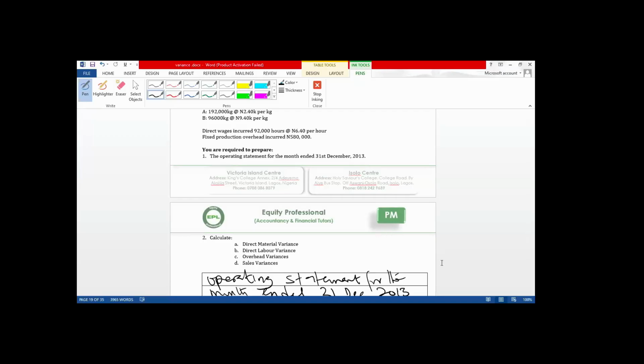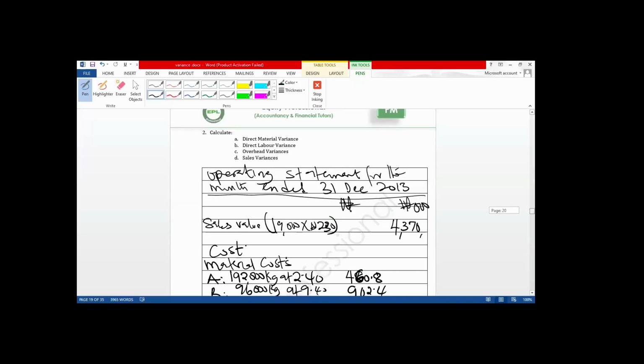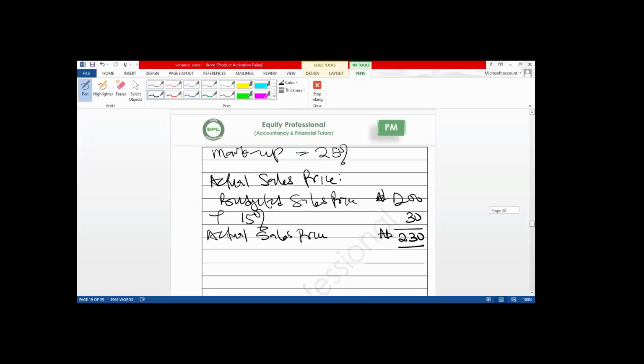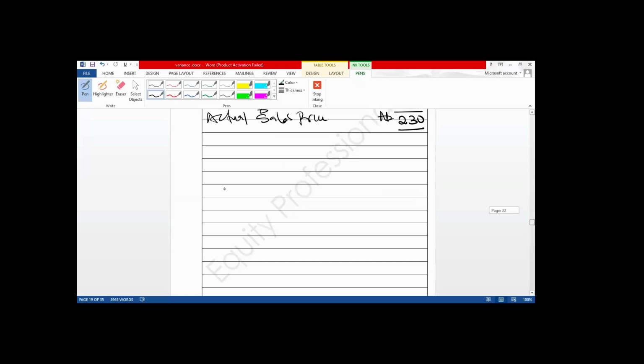Pick your direct material variances. B. Calculate the following. 1.